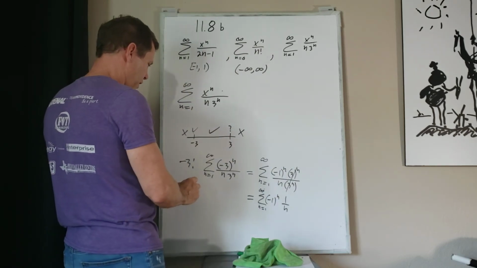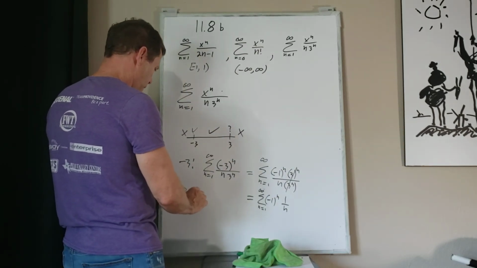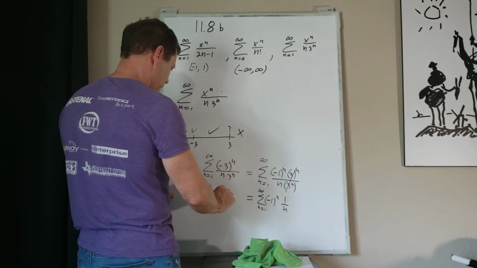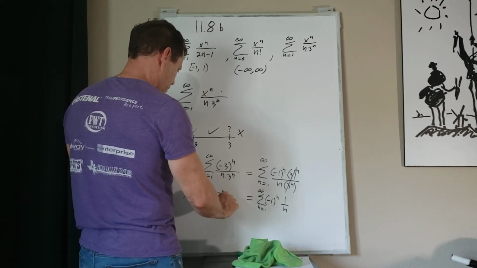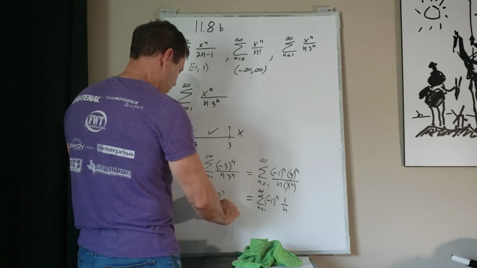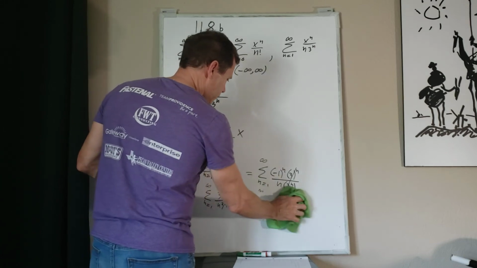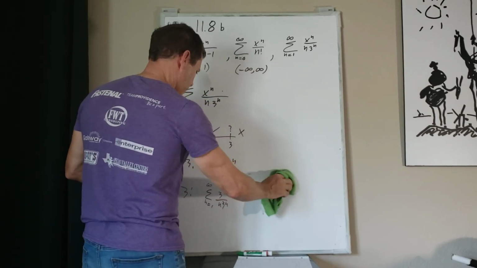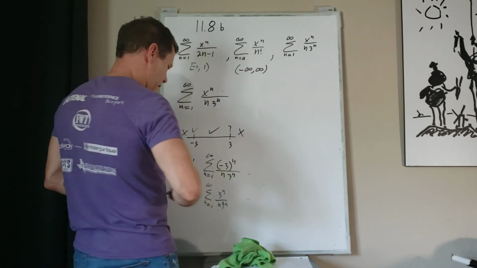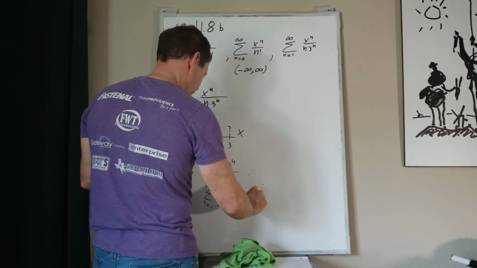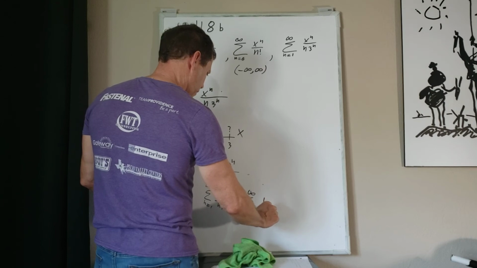How about when I plug in a 3? So when I plug in a 3, what do I get? I get the summation n equals 1 to infinity of 3 to the n over n 3 to the n, and that's equal to the sum n equals 1 to infinity of 1 over n.